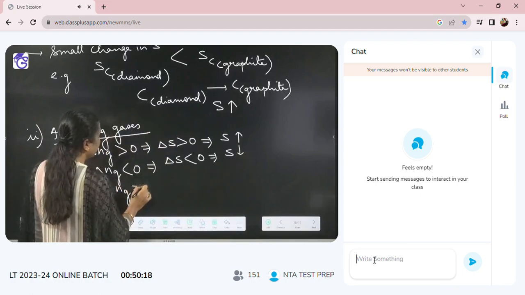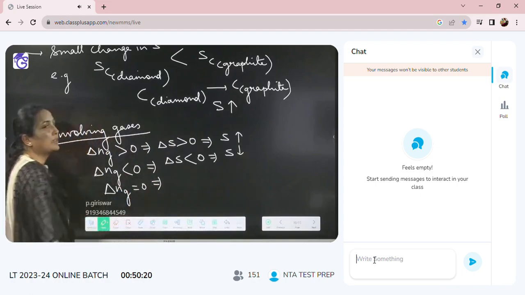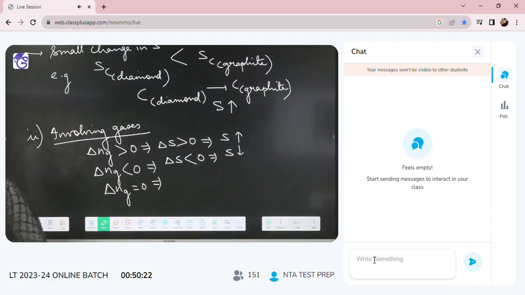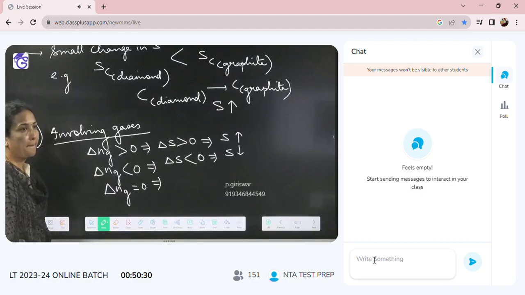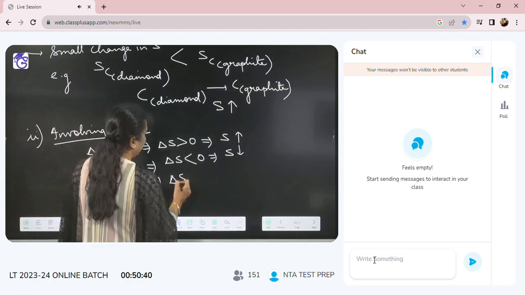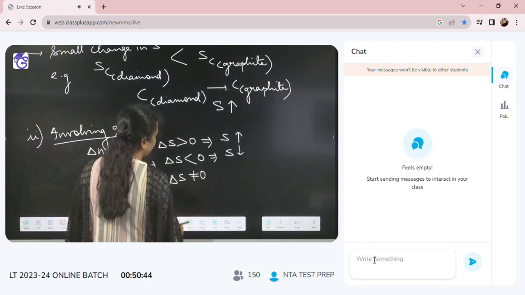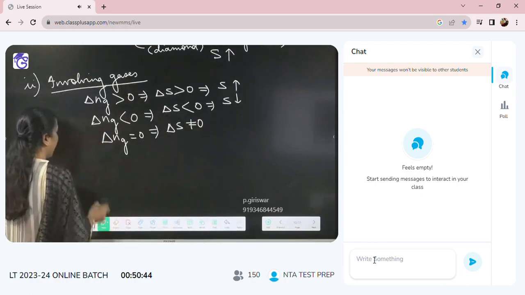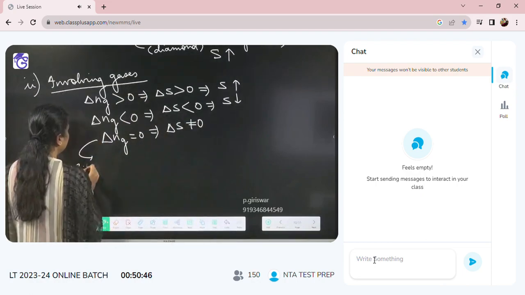If delta Ng is 0, then what will happen to delta S? Do not think it will become 0. It is non-zero. For example, I am giving you one example.